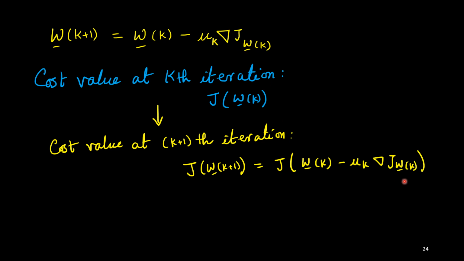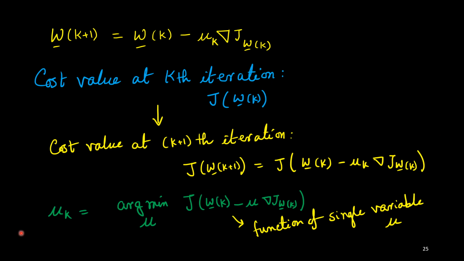So this is 1. Our objective is to find the value of mu k so that at the k plus 1 iteration this value is minimized. So again, it is a minimization problem, but with respect to only a single variable, mu k. We need to find one single variable mu k to minimize this cost function J of wk plus 1.